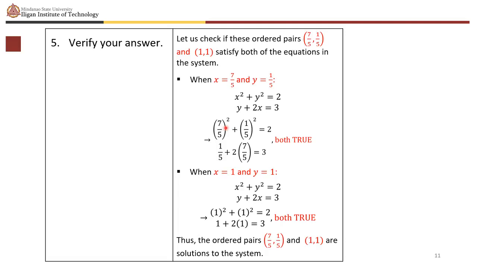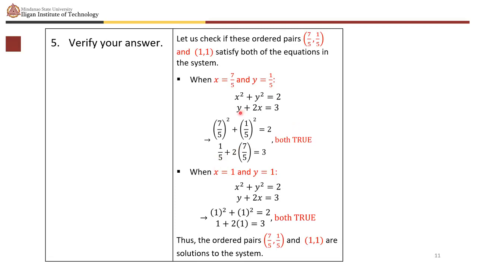So when x is equal to 7/5, we have (7/5) squared, which gives us 49/25, plus (1/5) squared, which gives us 1/25. So that's supposed to be equal to 2. Why? Because 49/25 plus 1/25 is 50/25, which is indeed 2.